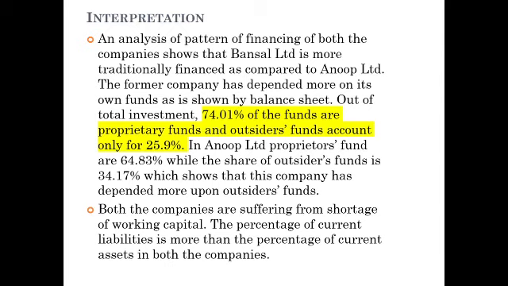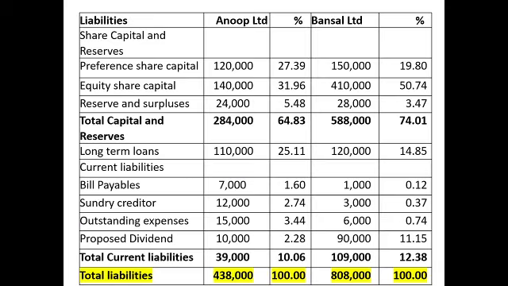So based on this particular data, the former company has depended more on its own funds shown in the balance sheet. You can see that. So out of total investment, 74 percentage of, I think, Bansal Limited we can show here.